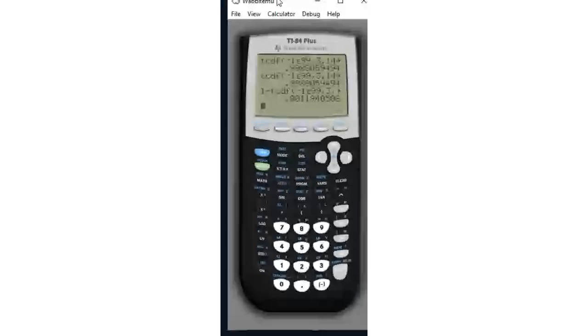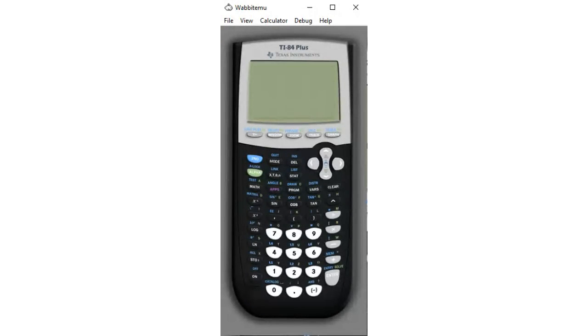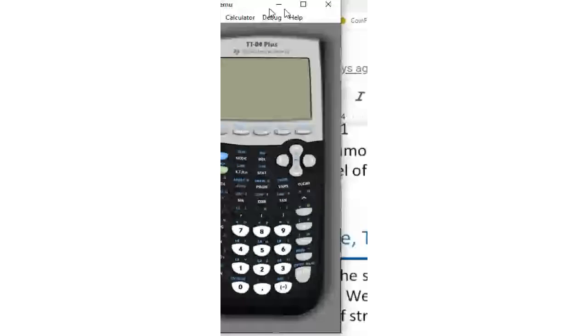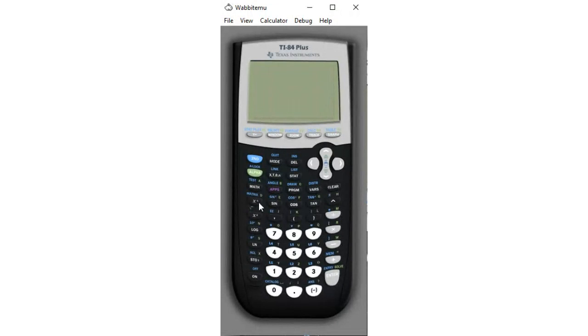All right, so let's see if I can remember how to do this. Personally, I would use the spreadsheet, but let's put it in here.